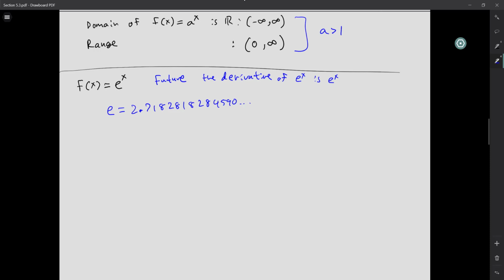And in fact, e is the result of a limit from calculus. We write limit as x goes to infinity of 1 plus 1 over x to the power of x. So what this says is if I take this expression and I evaluate it at larger and larger numbers forever, then I'm going to get an answer which is closer and closer to the true value of e.